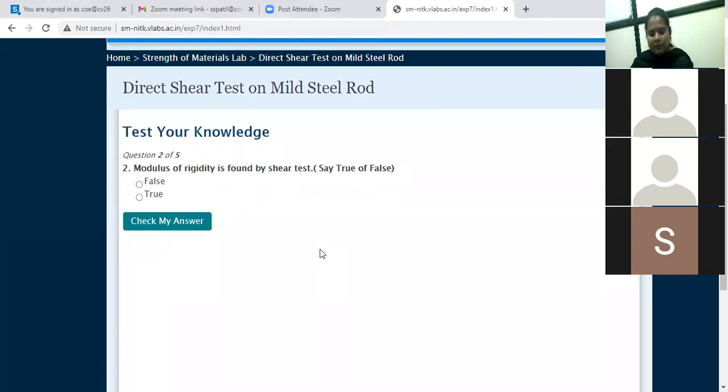When we discussed the tensile test and compression test, I told you that many properties are found using the tension test and the compression test. Here I have told you that we perform this direct shear test for finding out only shear strength. So this statement is false. Modulus of rigidity is not found.